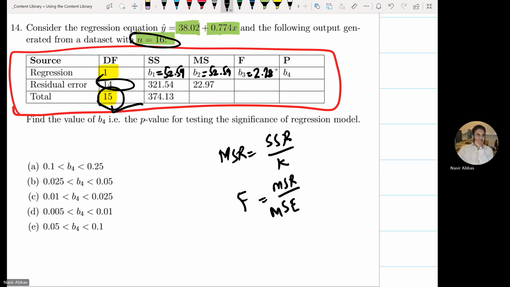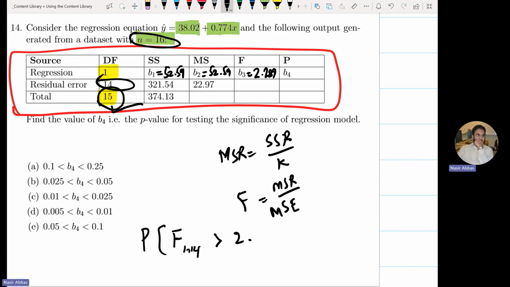How do we find the p-value now? We'll go to the F table and look for probability in the F distribution. Which F distribution? What are the 2 degrees of freedom? 1 and 14.